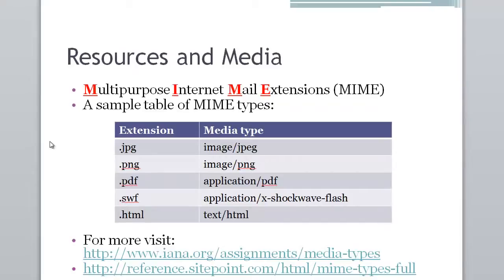So for example, if you are sending back an image, you have to say to the browser, by the way, this is an image. So right now the browser should interpret it and render it as an image.